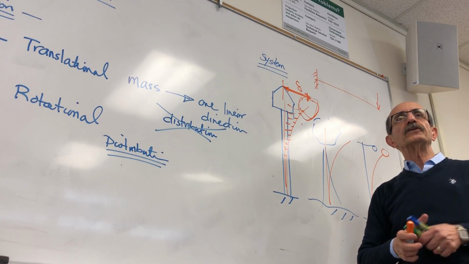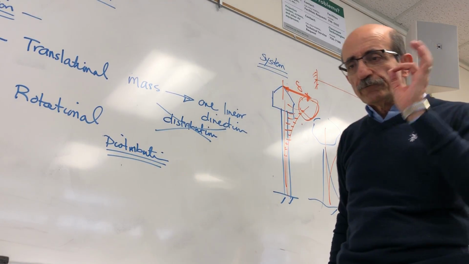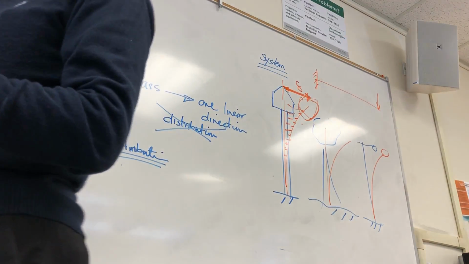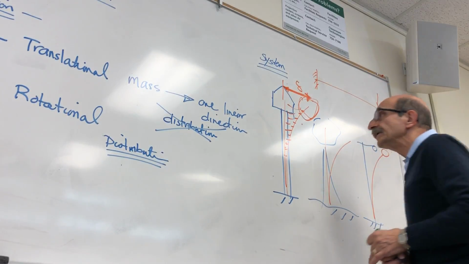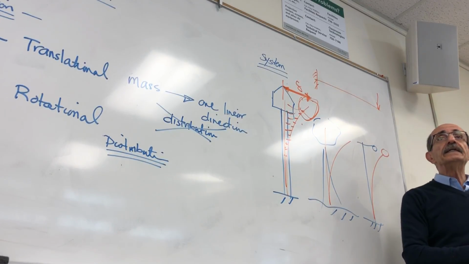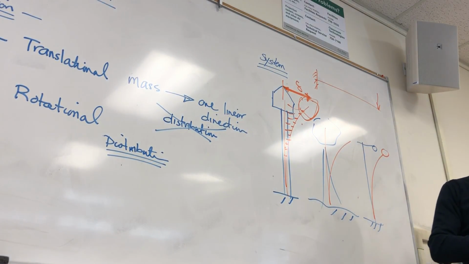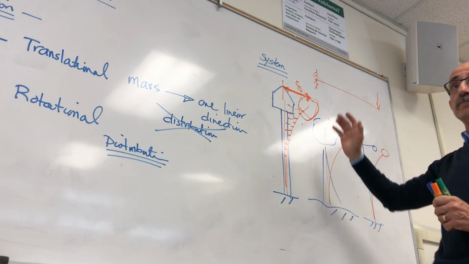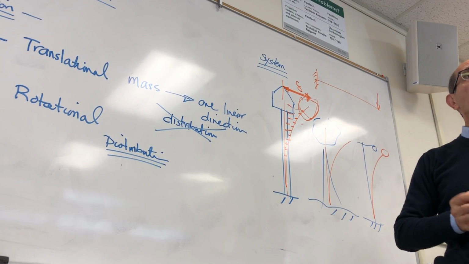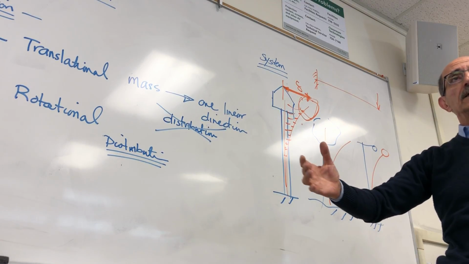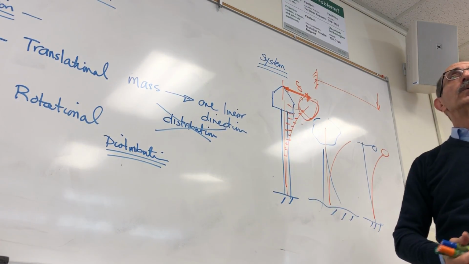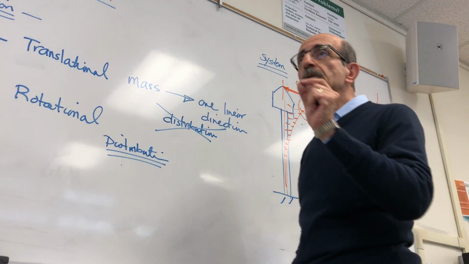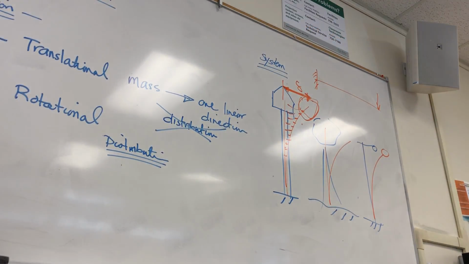So let me rephrase it in a different way. If you can identify what we call a single independent degree of freedom that can describe the overall motion of a system, we call that a single degree of freedom representation of that system.